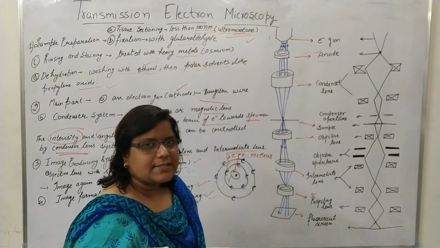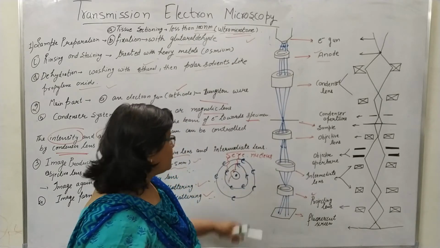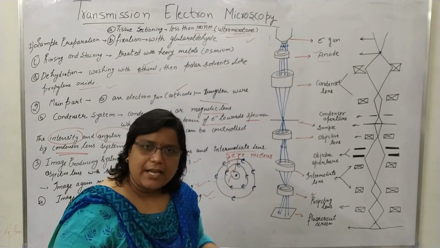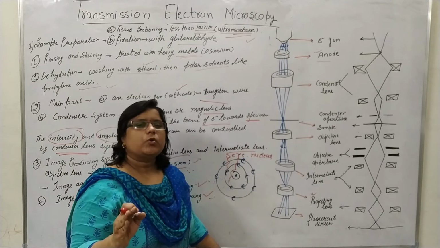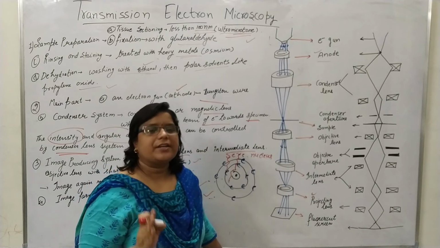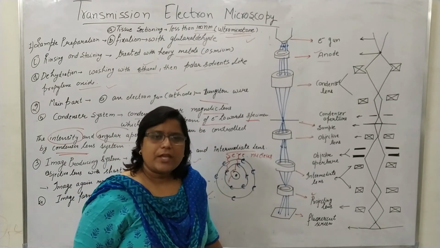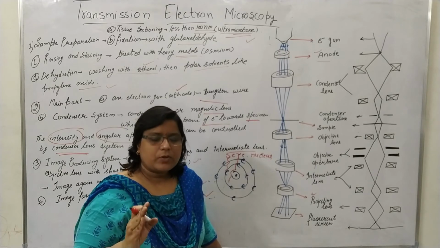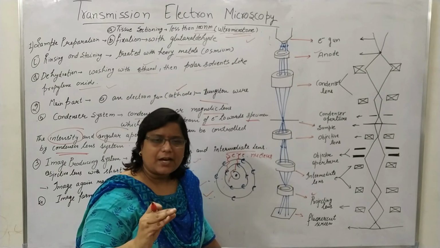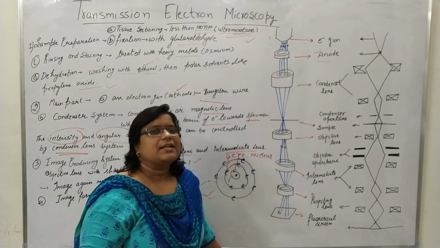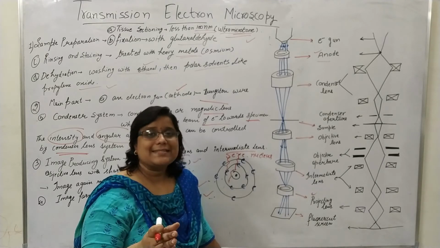So in the first case, if the electron beam interacts with the nucleus, it gets some kind of attraction force because the nucleus is positively charged. The nucleus attracts the electrons and it causes less scattering.